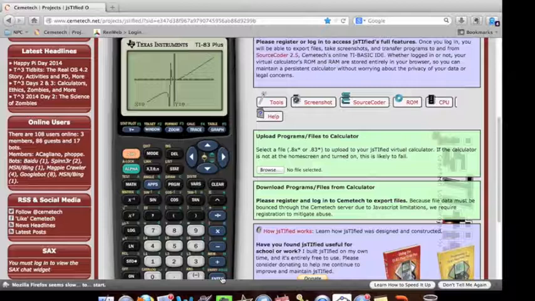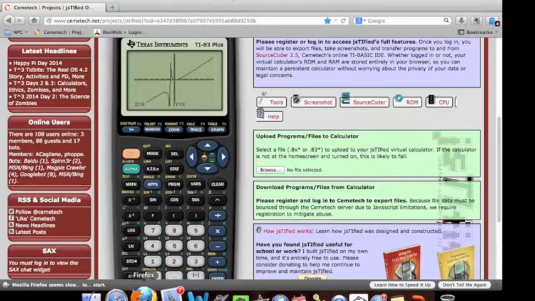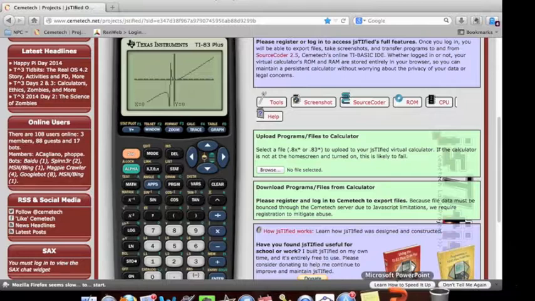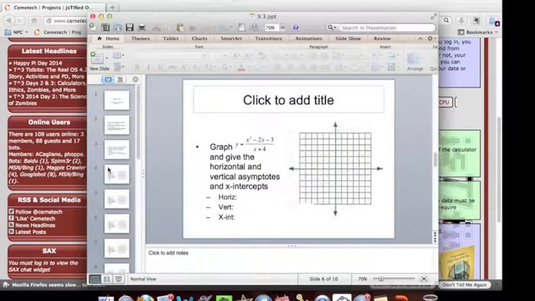Do you do that for every problem? Yes. Is there a way to put asymptotes on? No, it's just a setting that some calculators do it, some don't.